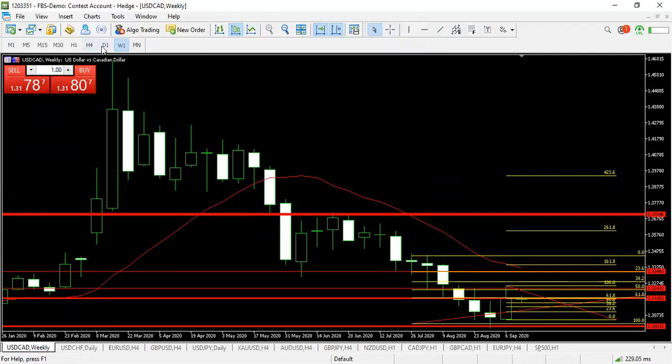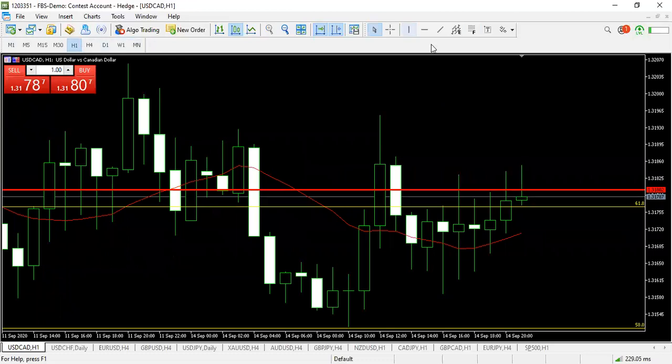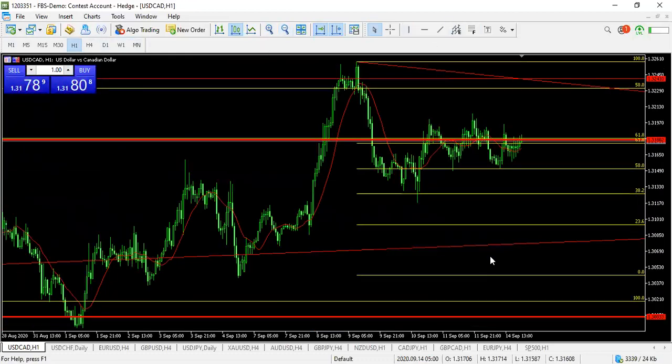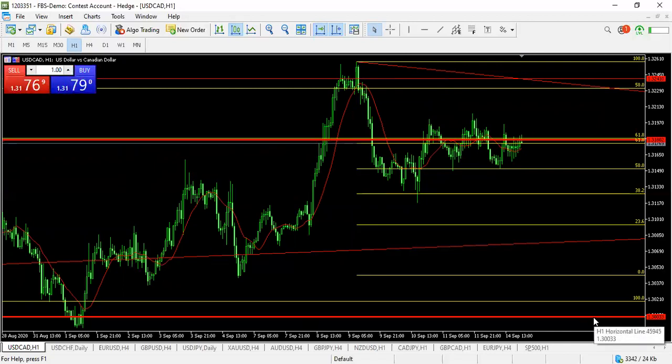Okay, so from where I'm standing, the 130.200, 130.400 zone, or even 130 is the best place to buy.